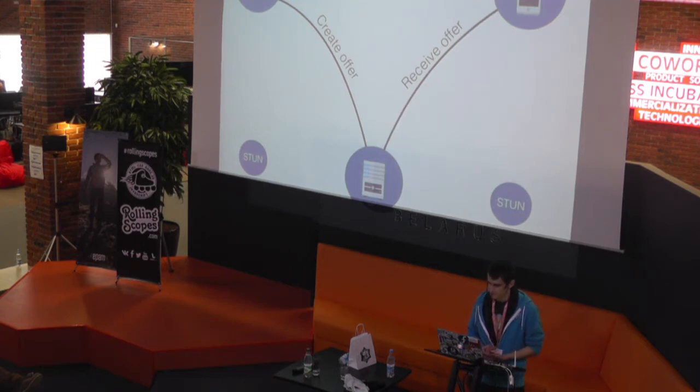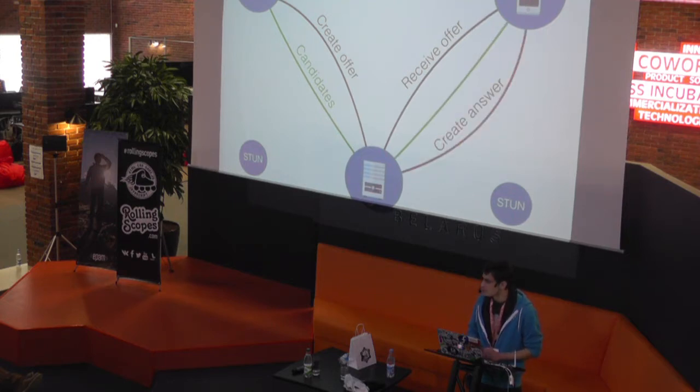Once the offer is created, ICE candidates will be generated with the help of the STUN server. The other client has to create an answer for that offer, but before that the candidates will be shared over signaling too.